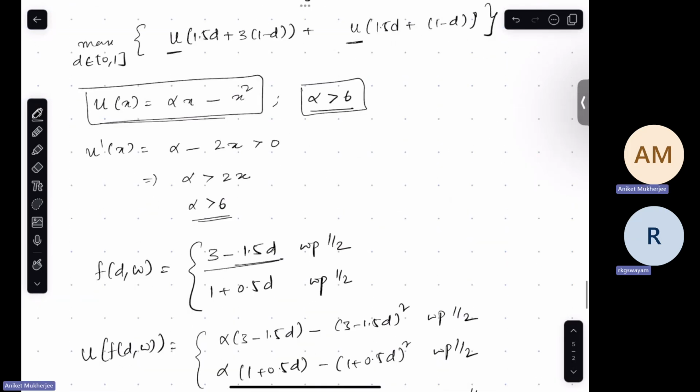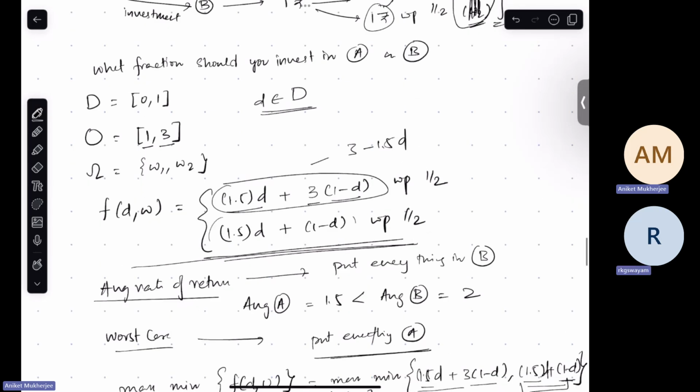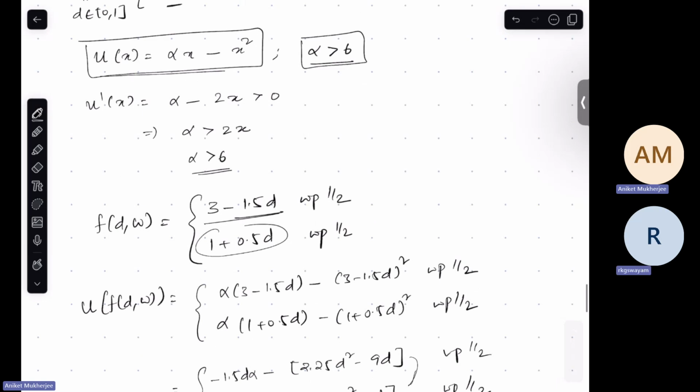So plus 3 minus 1.5D. This I have basically written as 3 minus 1.5D, and this I can write as 1 plus 0.5D. So I have written it as 1 plus 0.5D here.